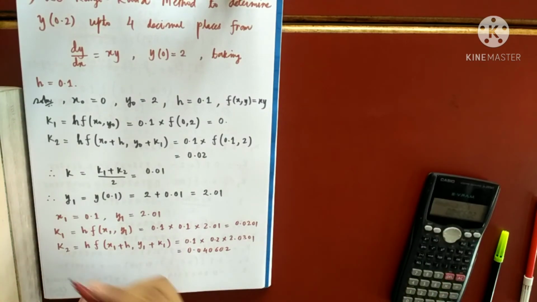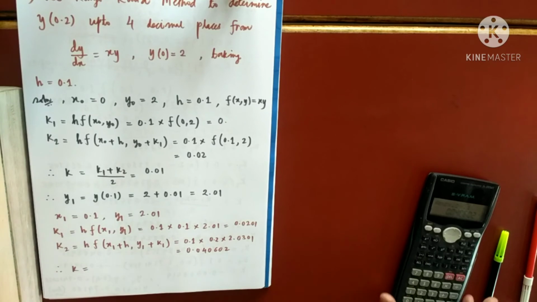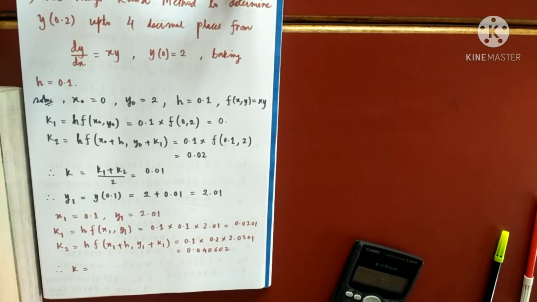So what is my value of k? k is the average of these two. So please determine the average. 0.040602 plus 0.0201 divided by 2.